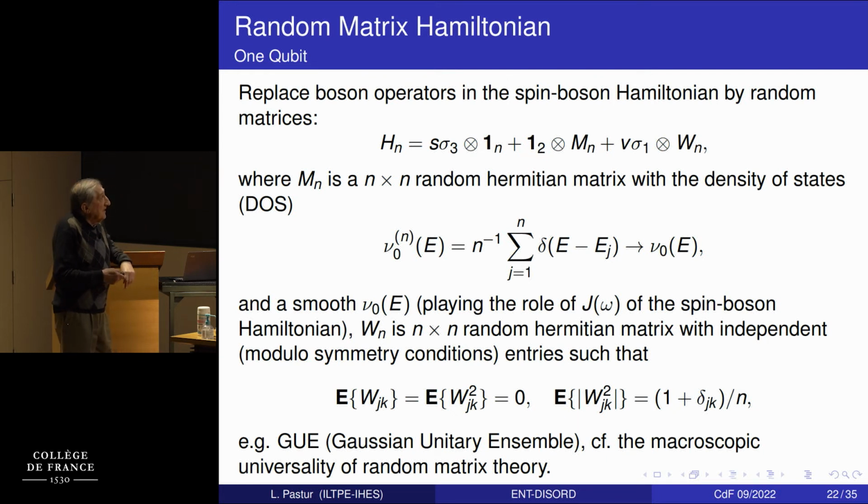This is known, by the way. If you assume that these W's are Gaussian, then we have the random matrix ensemble called GUE, the Gaussian unitary ensemble. So this is my model.